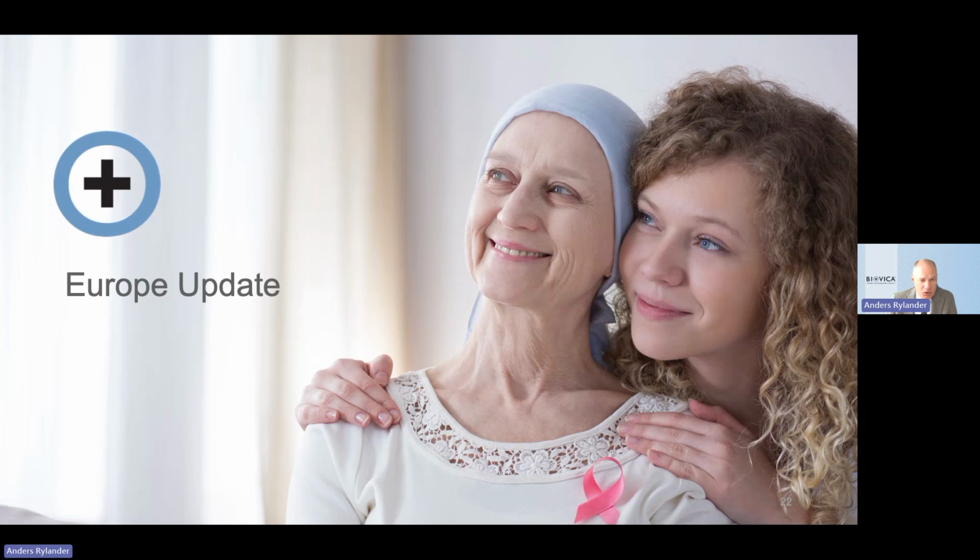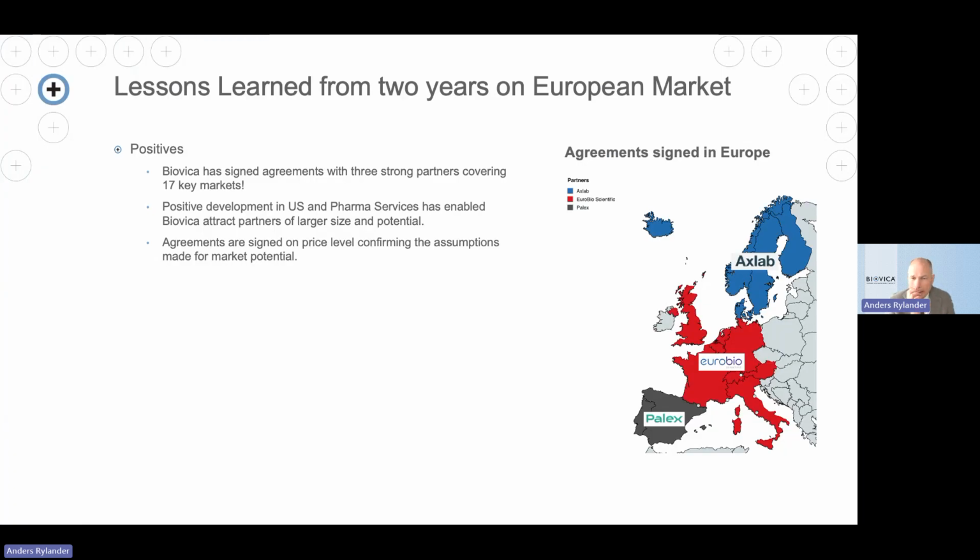Last is Europe. If we do some lessons learned from Europe, we've seen that there's a spillover effect. The milestones that we've been able to take in the US and with pharma have a positive effect in Europe.